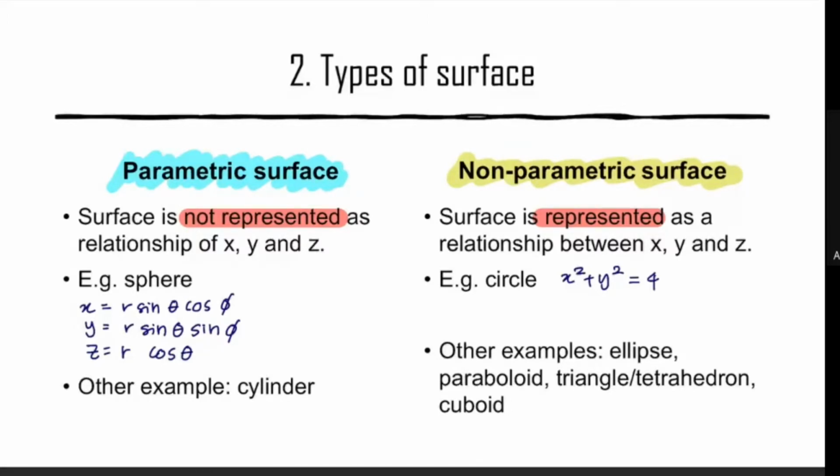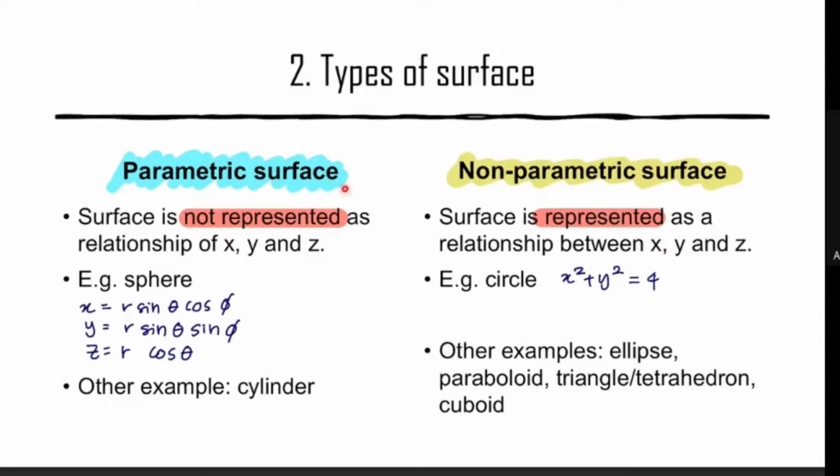The non-parametric surface is when the surface is represented as a relationship between x, y and z. For example, circle, we have x square plus y square equal to 4. Other examples of non-parametric surface are ellipse, paraboloid, triangle, tetrahedron, and cuboid.